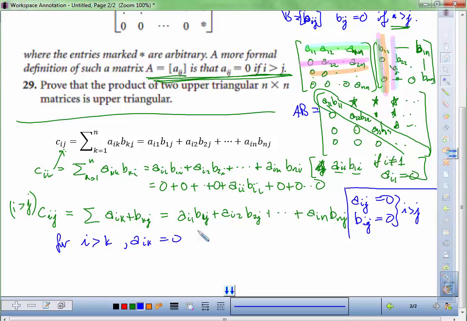Yeah, so for the next one, I'm sorry, this isn't a plus, this is a times. And so if k is bigger than j, then b_kj is equal to 0. So one of these a's or b's is going to be equal to 0 for all these values here, if i was bigger than j.